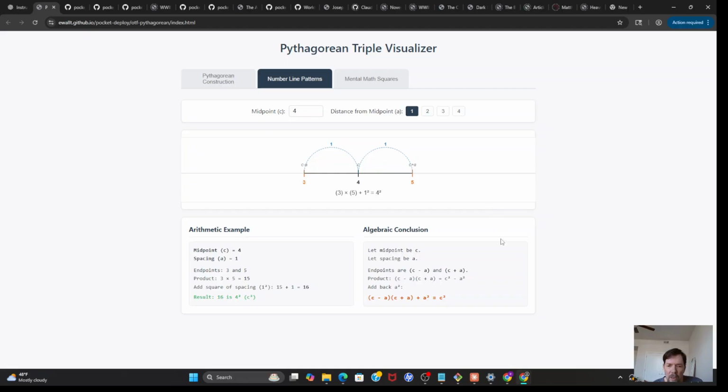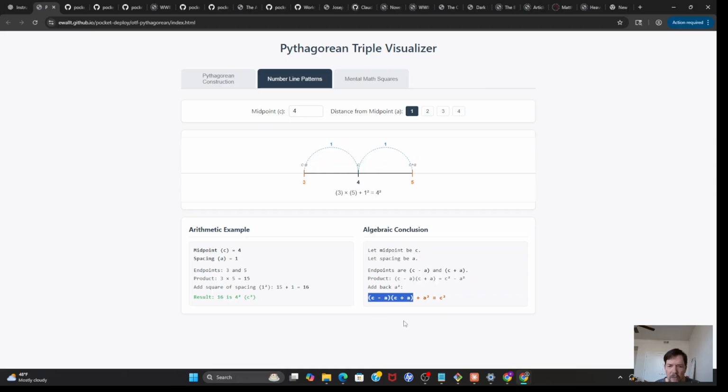And look real quickly at the algebra involved here. So the algebra is, we call the midpoint C, and we'll call the distance that you're hopping up by A. So this endpoint will be called C minus A, and this endpoint is C plus A. So if we multiply the endpoints, that's C minus A times C plus A. That's shown right here.